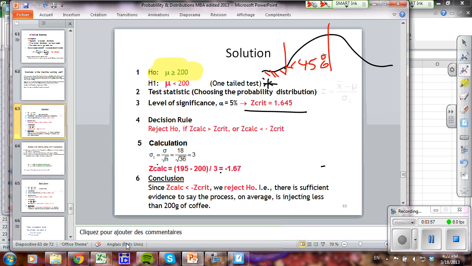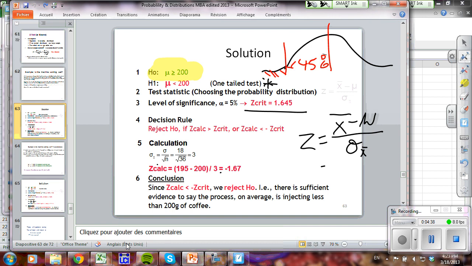So we can decide to reject our null hypothesis if our z-critical is bigger than our z calculated or obtained. We're going to use our formula, z equals x bar, which is our sample mean, minus mu, over the standard deviation of the mean of x.